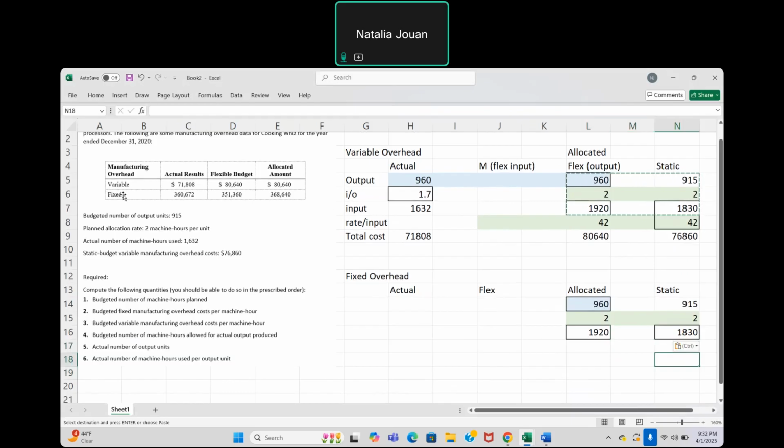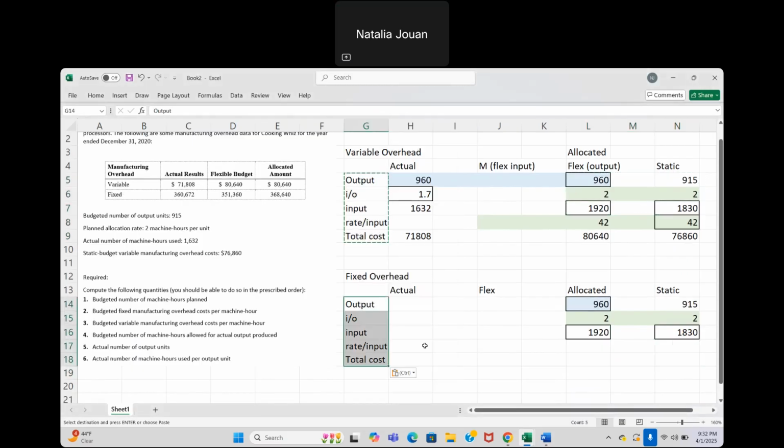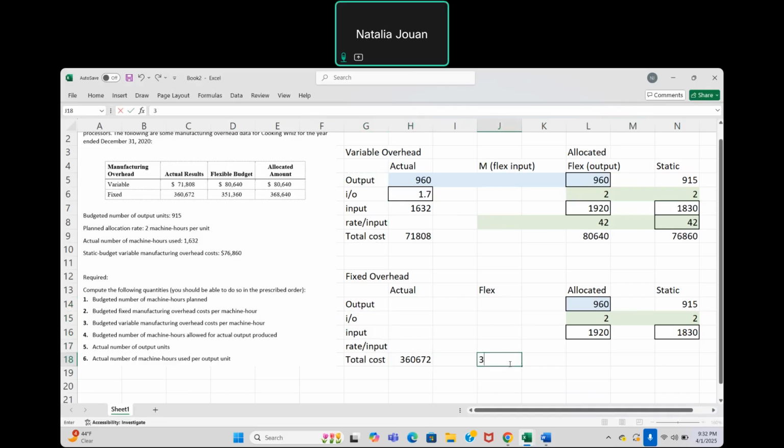Okay, we're given fixed these numbers in. Copy and paste. So the total actual cost was 360,672. And the flexible is 351,360.